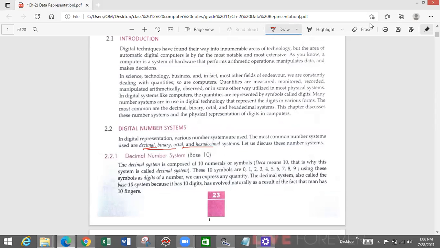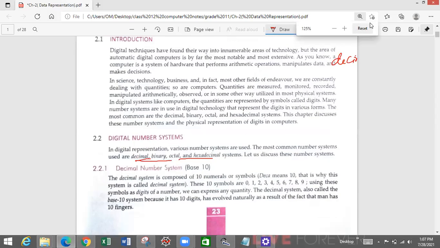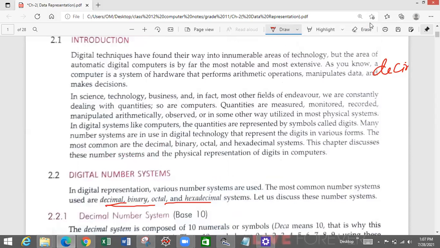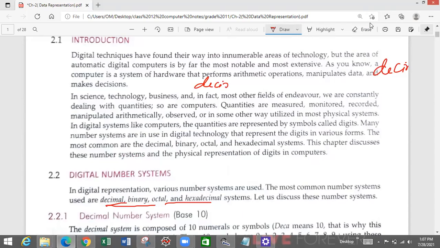In our day-to-day life, we are using the decimal number system. This decimal number system has 10 different symbols from 0 to 9. Apart from that, in this decimal number system the base is 10. For all numbers, the base is always 10.